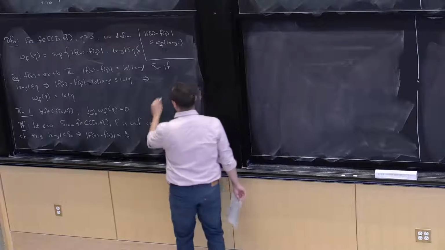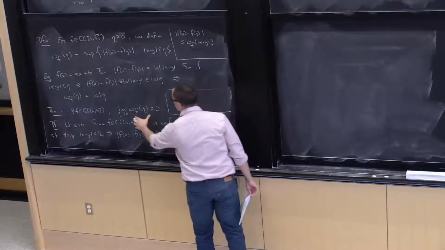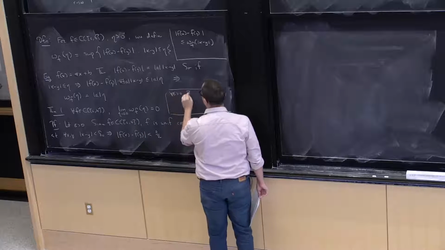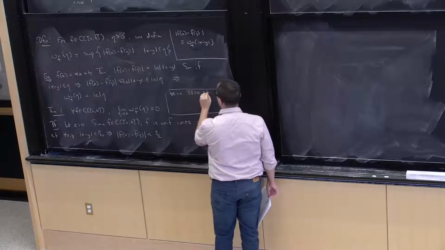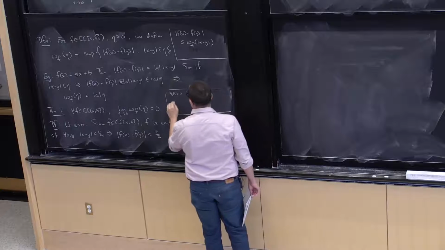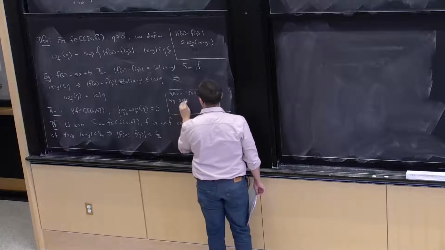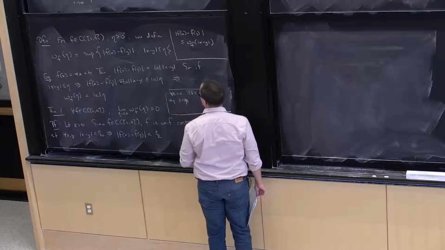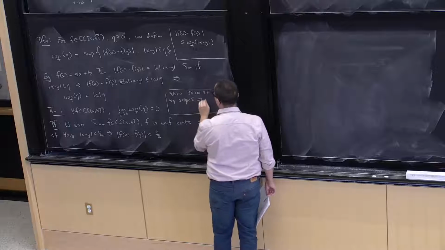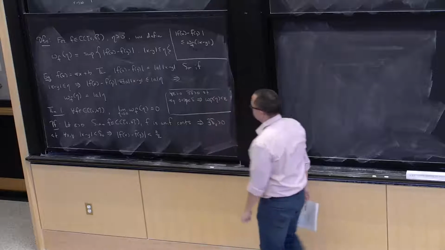So just to recall, what we're trying to do here in terms of the definition is to show that for all epsilon positive, there exists a delta positive such that for all eta, eta is actually a positive number here, eta less than delta implies omega f of eta is less than epsilon. Okay?